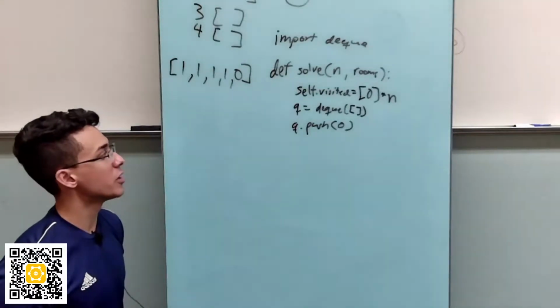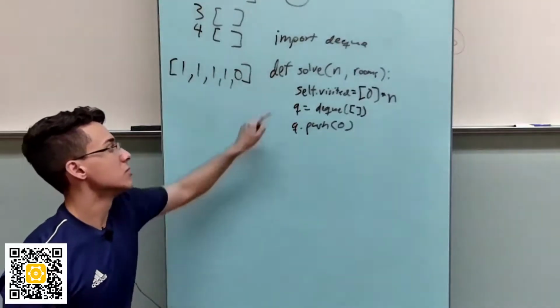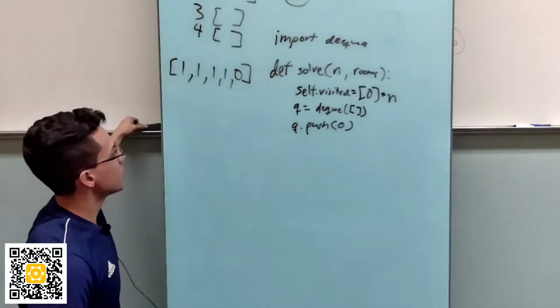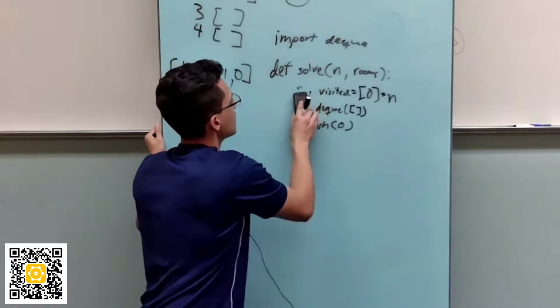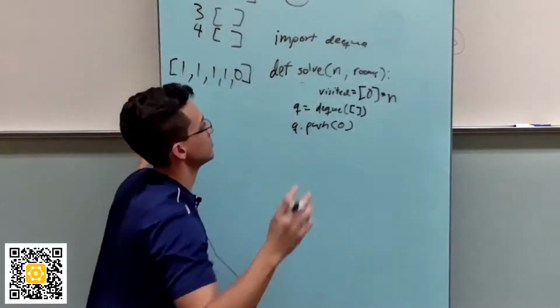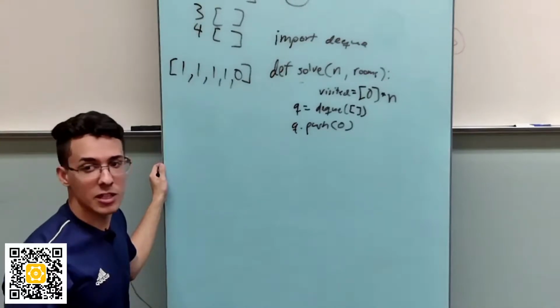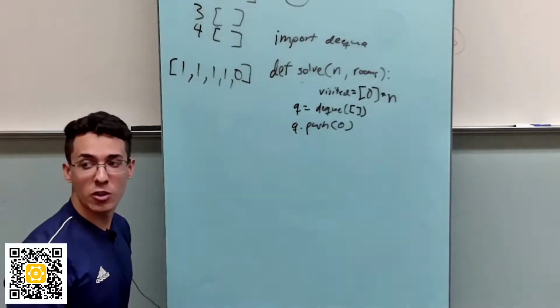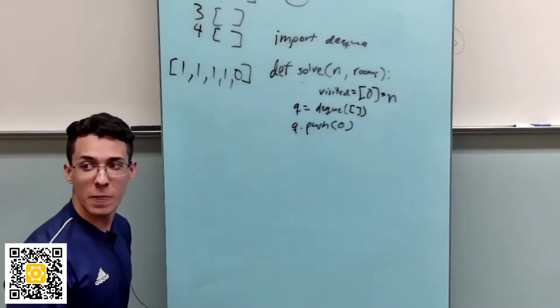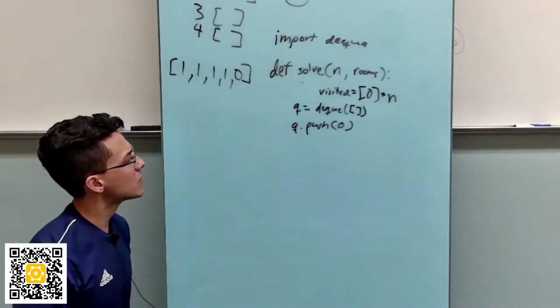No, this is going to be linear. We don't need this anymore. It's going to be linear. You're only going to go through each node once. I mean like push. I don't think the method is push.